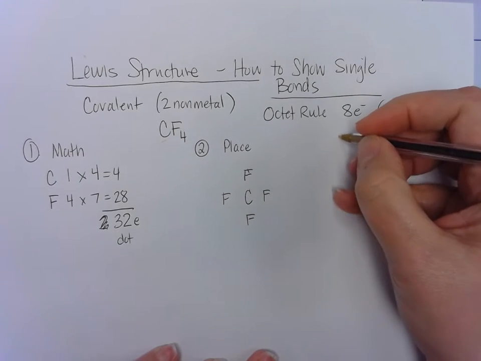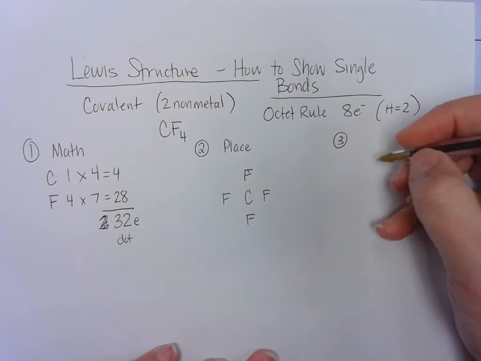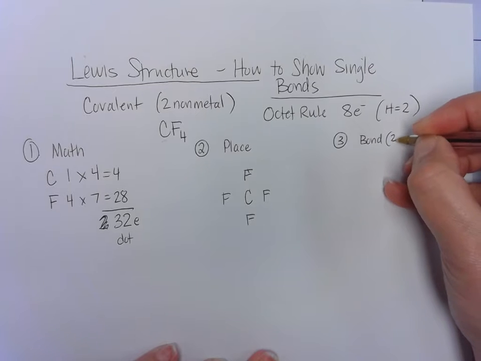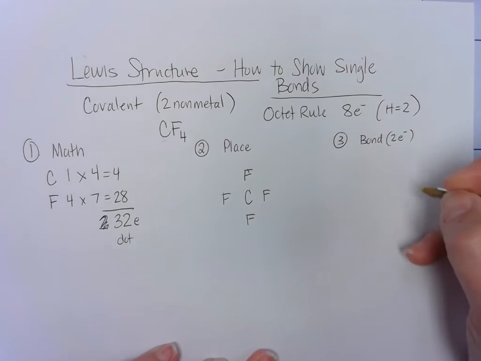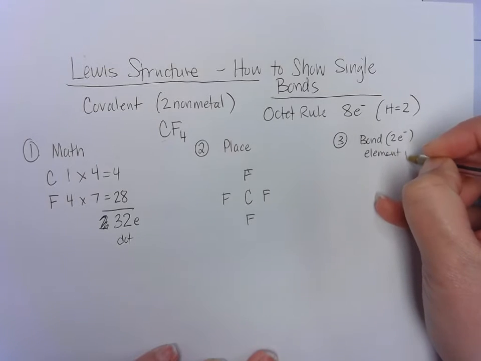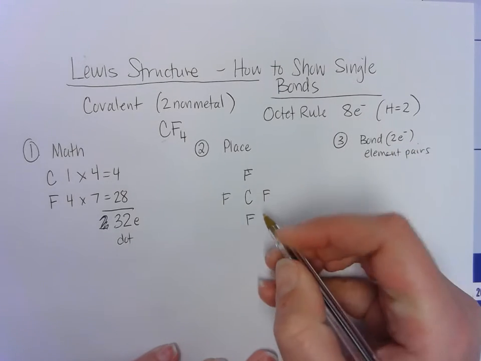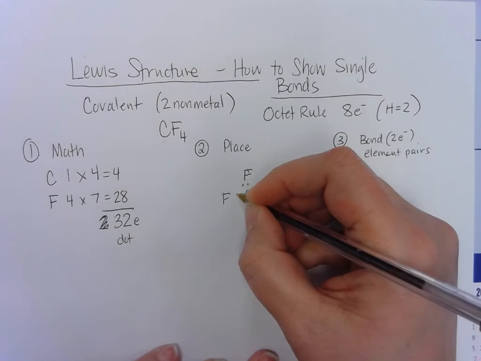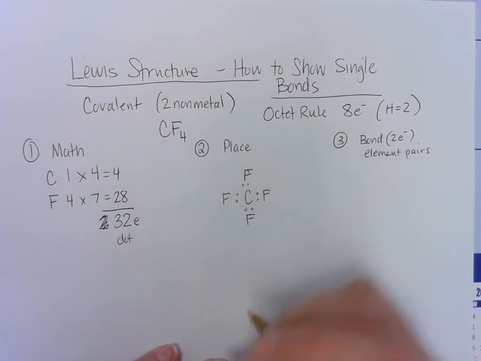Step number 3, we need to now place a bond, which, if you remember, is 2 electrons, between each pair of elements. In this example, we're going to put a bond between each carbon and each fluorine represented in our picture.